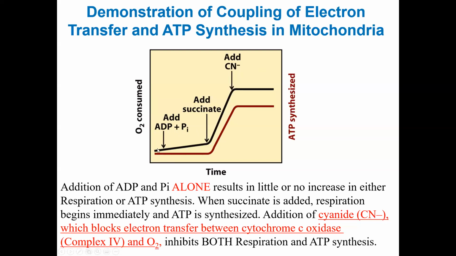And so what scientists then did was they actually added the ADP and inorganic phosphate, right? And if electron transfer was not important, or if it was not coupled to the process of ATP synthesis, then if you can imagine, when you added ADP and inorganic phosphate into the buffer, you will actually have ATP being synthesized, right?